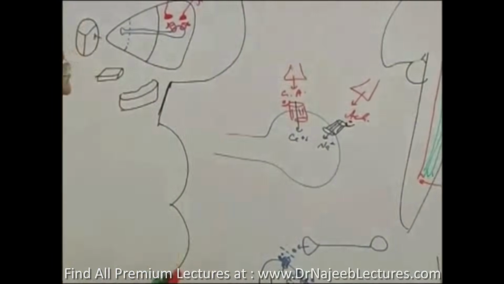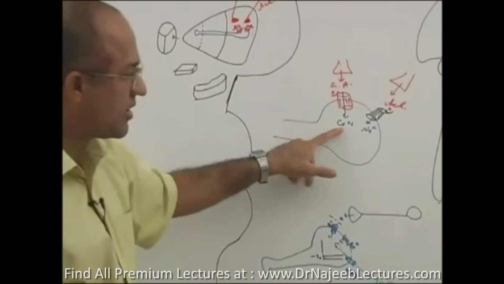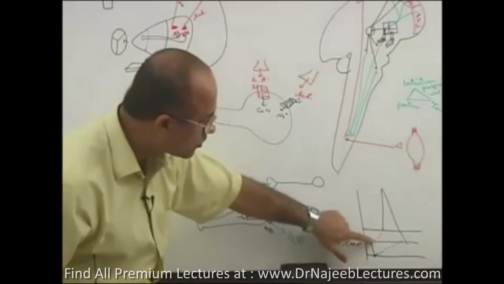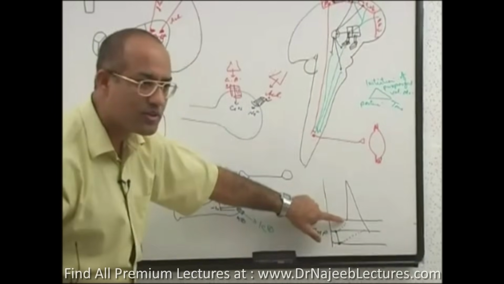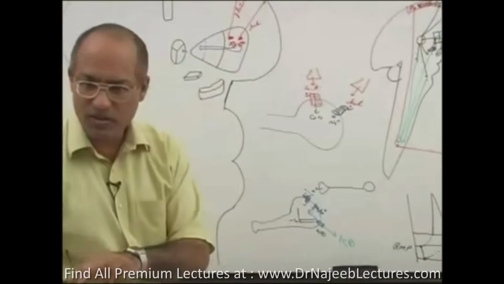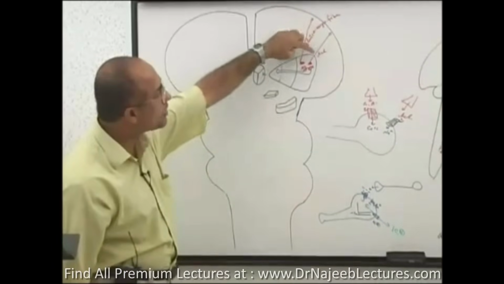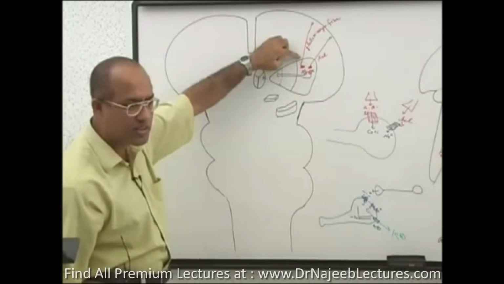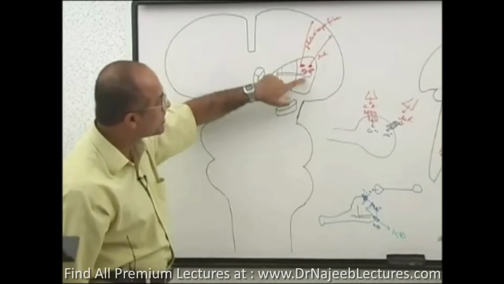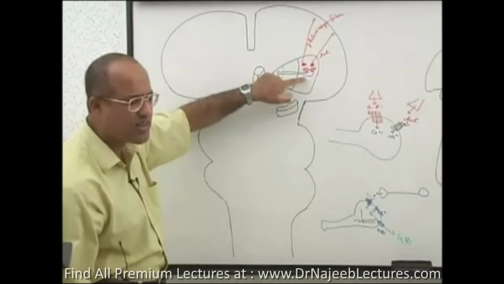Of course, any activity which brings more positive charges into the neuron will take the resting membrane potential towards threshold. So will the neuron become inhibited or stimulated? Stimulated. So corticostriatal pathways are stimulatory, and these are the cholinergic and glutaminergic pathways. The cholinergic pathway loads the neurons with sodium. The glutaminergic pathway loads the neurons with calcium.